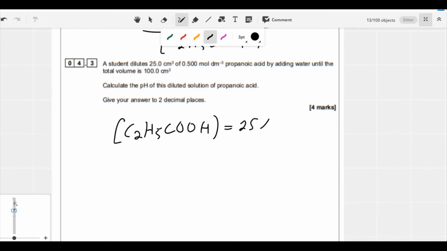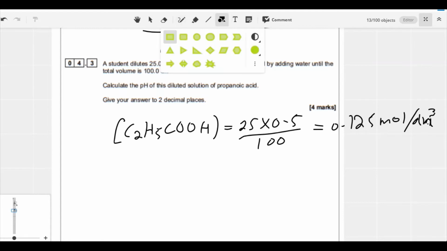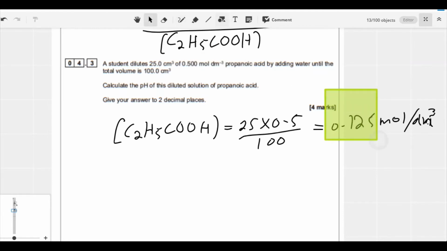So here is 25 times 0.5 divided by the total volume, that is 100. So the answer will be 0.125 mole per decimeter cube. That is the first thing that you need to find out.